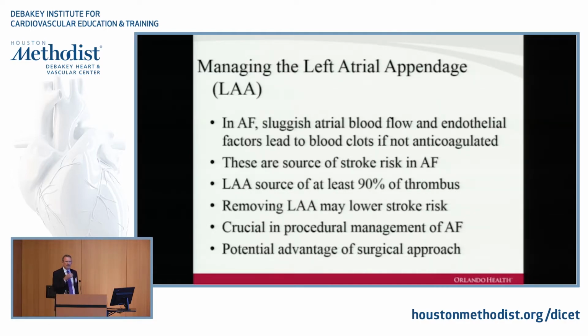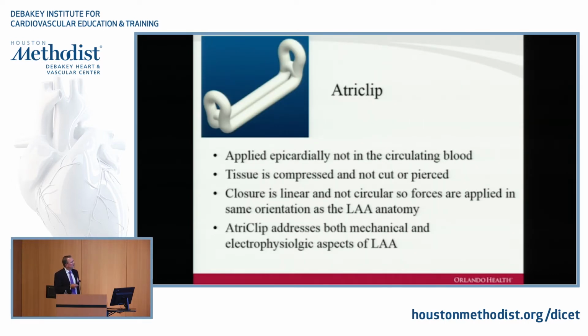And while hundreds of patients may be getting done surgically and tens of thousands are getting done in a catheter-based way, I think one of our goals is to try to prove that this is procedurally important and really critical part of surgical ablation for atrial fibrillation and a potential advantage for surgery. So we use this particular device. There are several on the market.